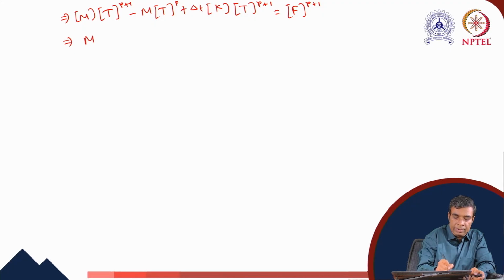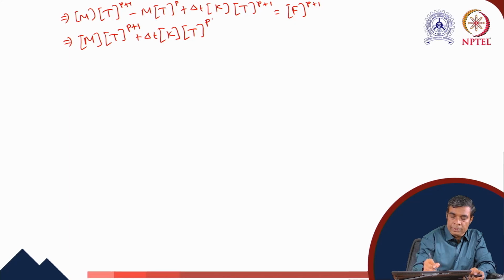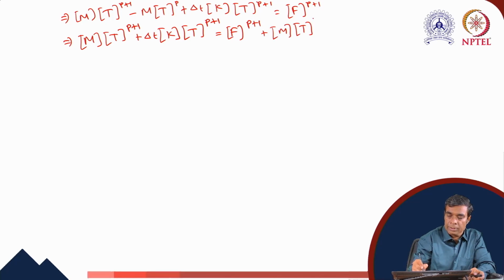This gives us M into temperature at p plus 1th level plus delta T into stiffness matrix into temperature at p plus 1th level equals to load vector at p plus 1th level plus the mass matrix into the known temperature.